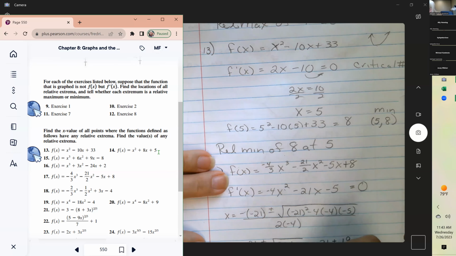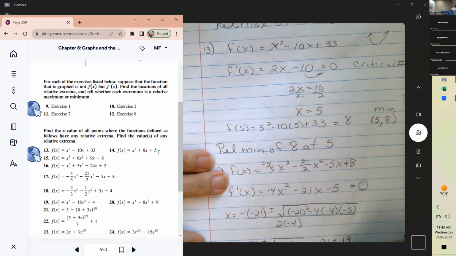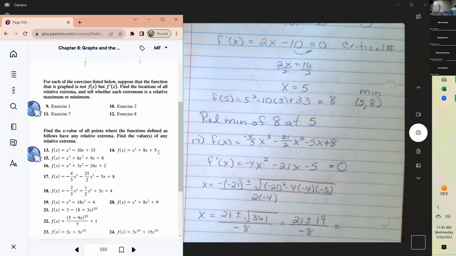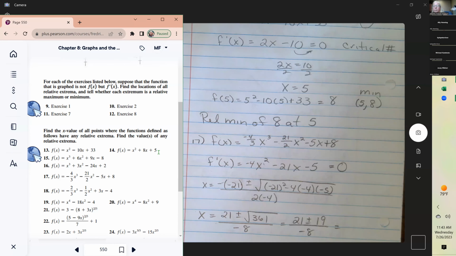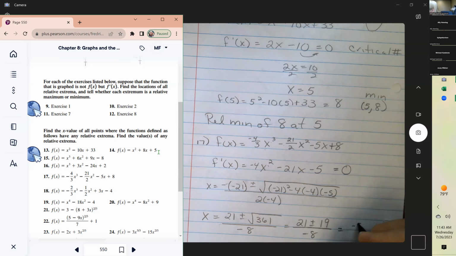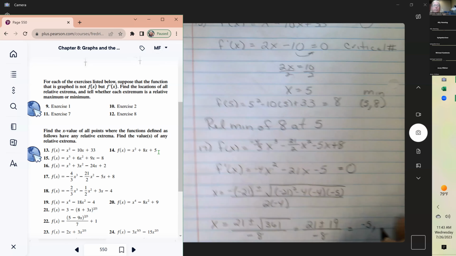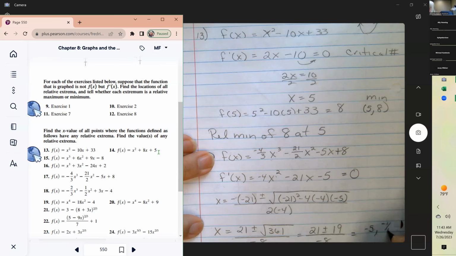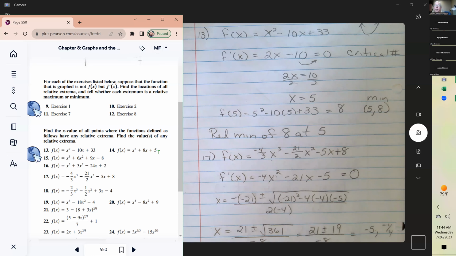The square root of 361 is 19. And we get negative 5 and negative 1/4. Any questions on that?